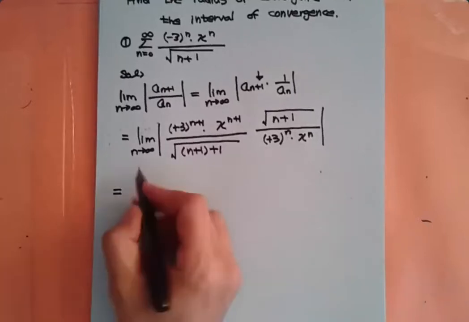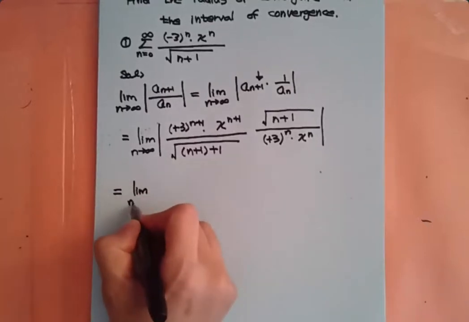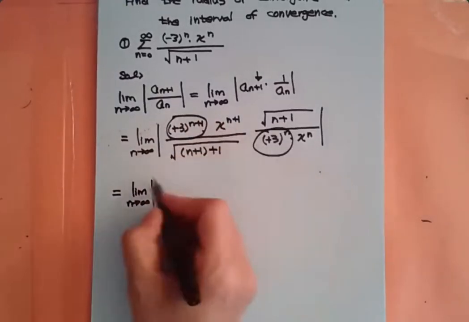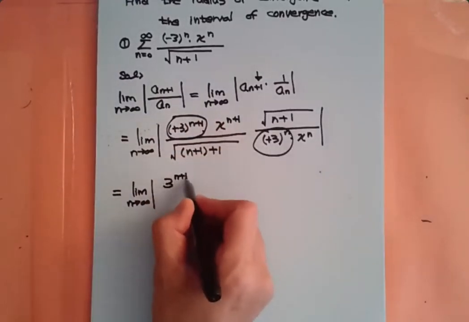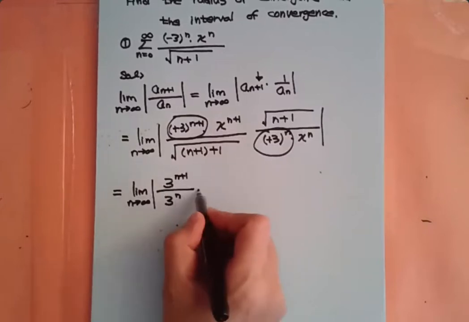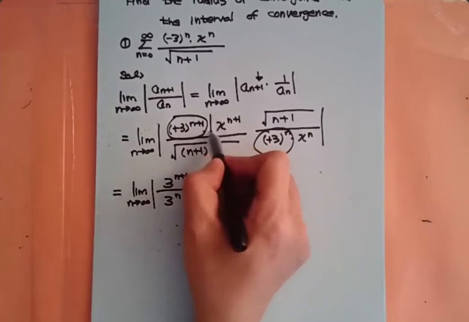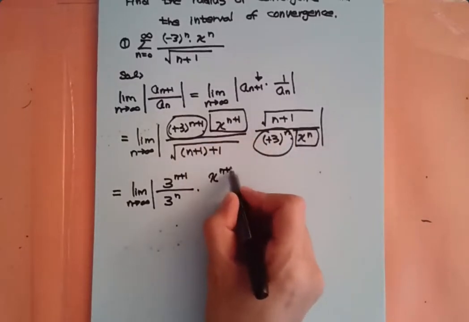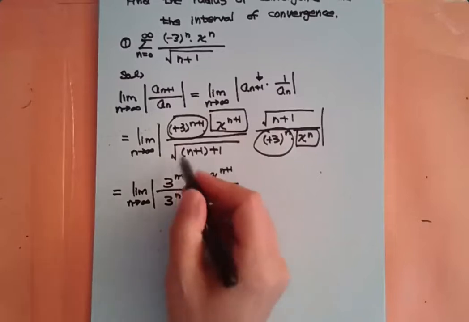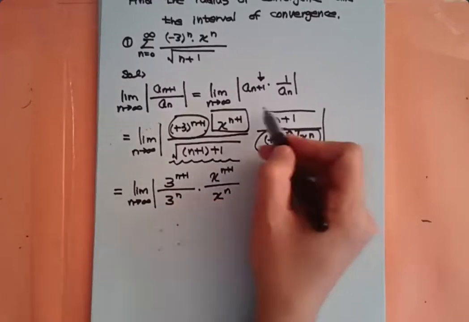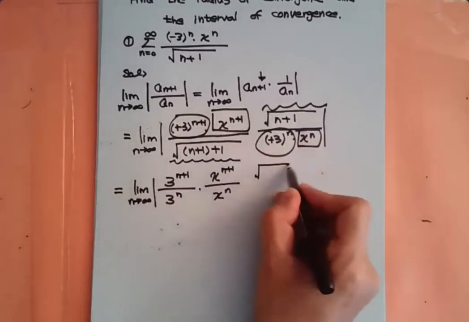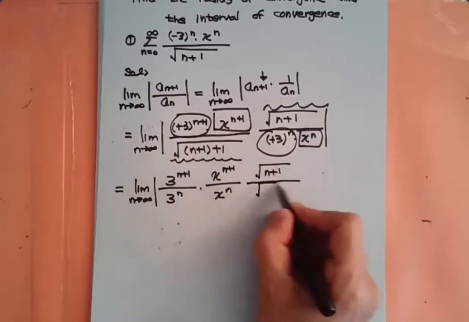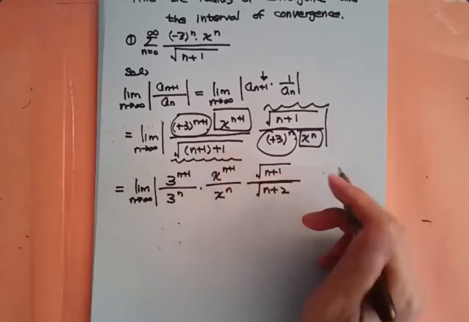So let's gather all the similar things together. Limit n goes to infinity. I will combine this one with this one, so we have 3 to the n plus 1 power over 3 to the n power, and x to the n plus 1 power over x to the n power. And then we have square root of n plus 1 over square root of n plus 1 plus 1.